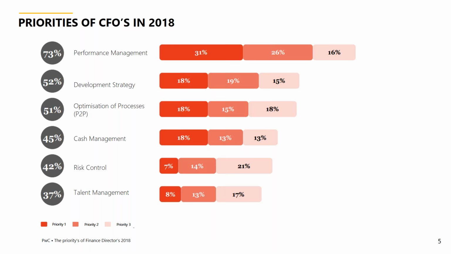And some of these relate directly into the finance department and some even more specifically into accounts payable. So, things like performance management. Are we paying our suppliers on time? Very simply. Development strategy around IT and optimization of processes.